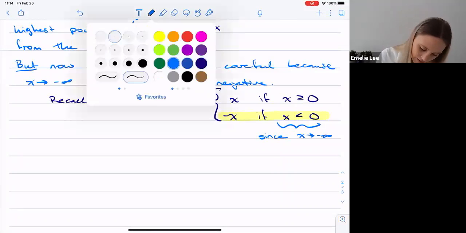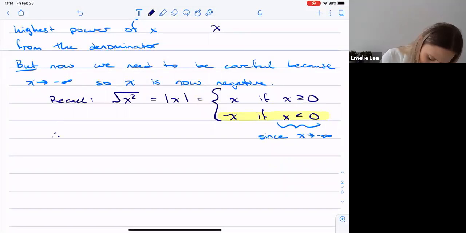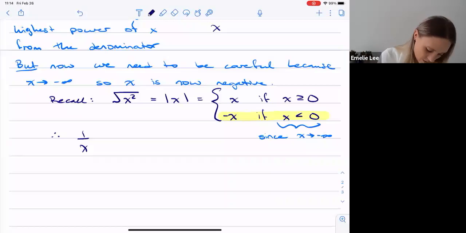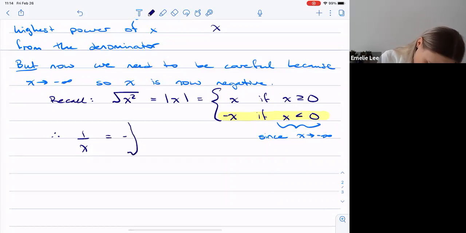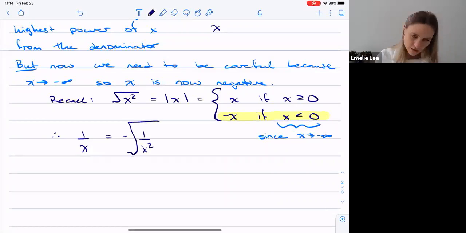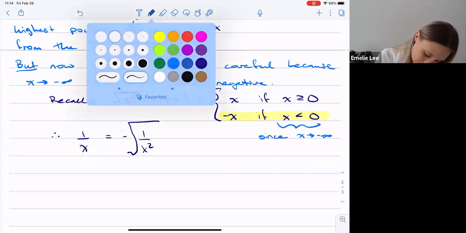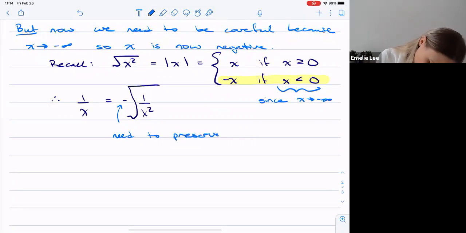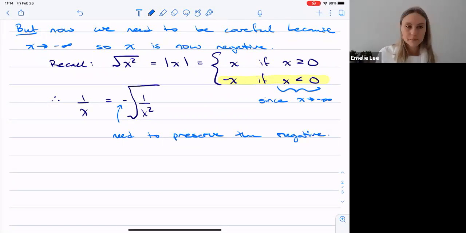So what happens is that therefore, when we do 1 over x, and I bring it under the square root, it actually becomes the negative square root of 1 over x squared, to preserve that negative. Other than that, everything's hunky-dory.